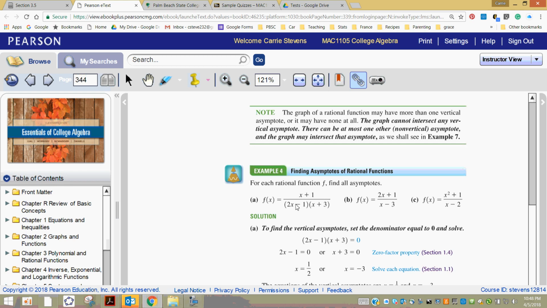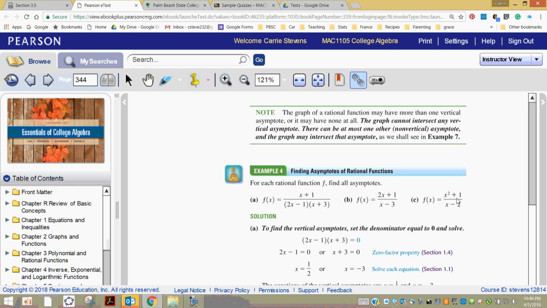So this is bottom heavy, so this will have a horizontal asymptote at y equals 0. Part B, they have the same degree, so the horizontal asymptote will be at 2 over 1, because the lead coefficient of the top is 2, the lead coefficient of the bottom is 1, so 2 divided by 1 is 2. So at y equals 2, there will be a horizontal asymptote.